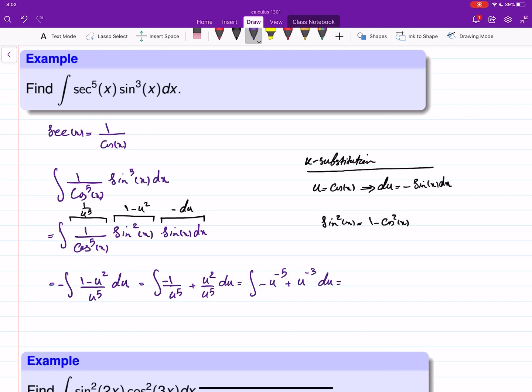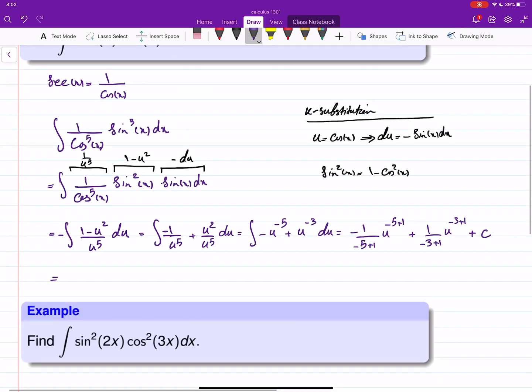Use power rules: negative 1 over negative 5 plus 1 u to the power negative 5 plus 1, plus 1 over negative 3 plus 1 u to the power negative 3 plus 1, plus c.